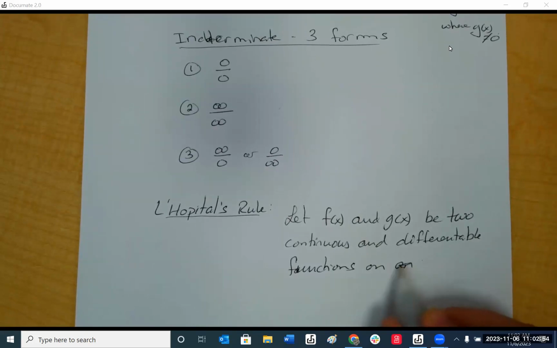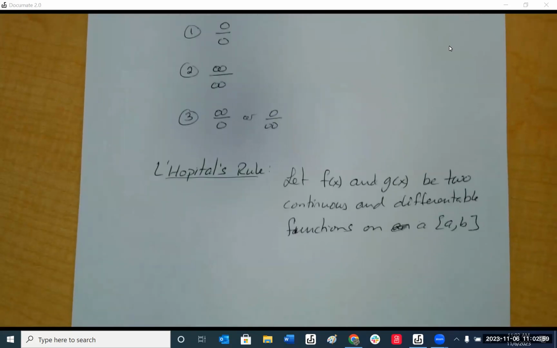Well, on a closed interval AB. Let's look at that.